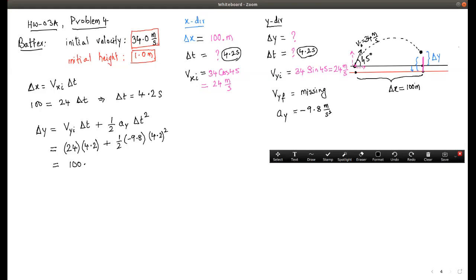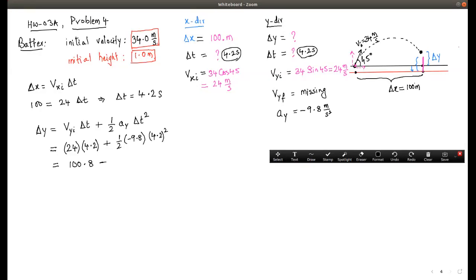So it's 100.8, this is minus, 4.2 squared times 9.8 divided by 2.